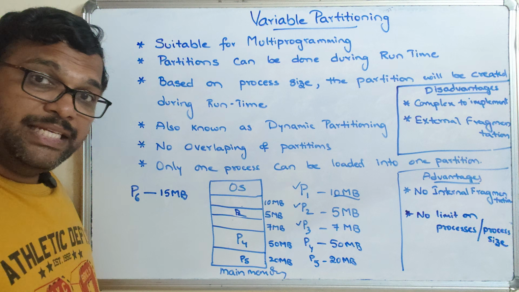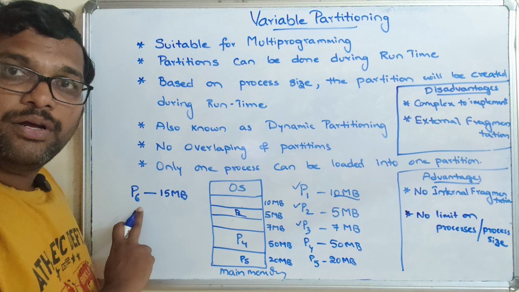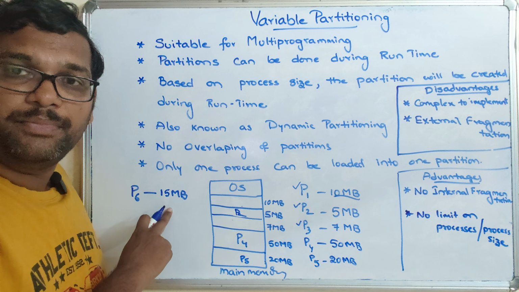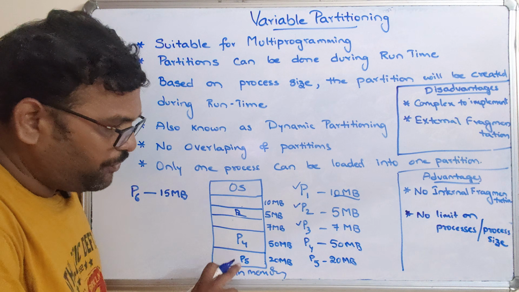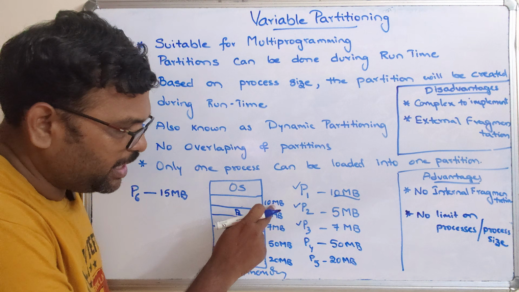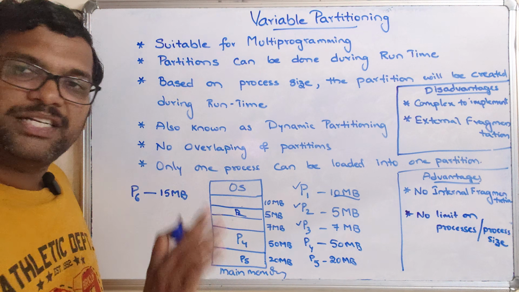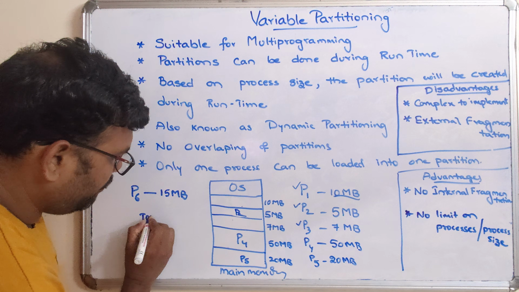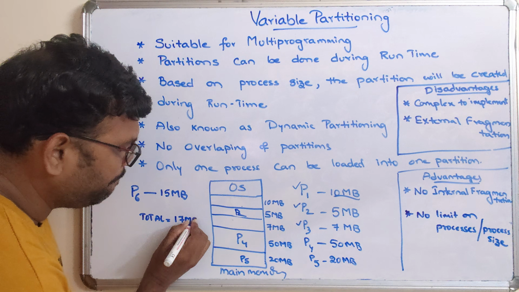Now you can observe in this example, one process we want to accommodate is of 15 MB size. And the total free memory in this main memory is 10 plus 7, because P1 completes its execution as well as P3 completes its execution. So total free memory is 17 MB.